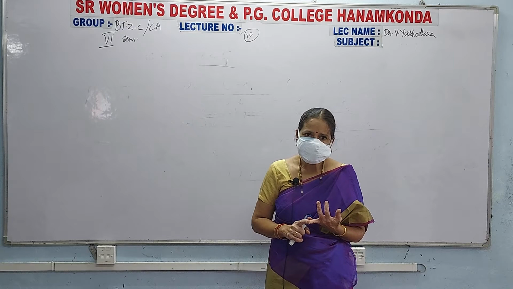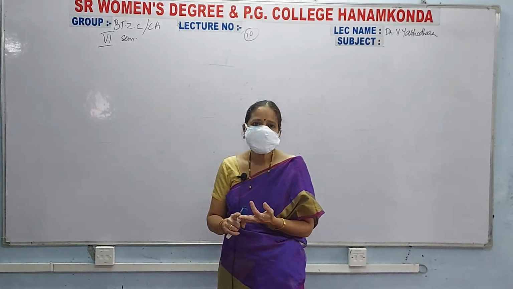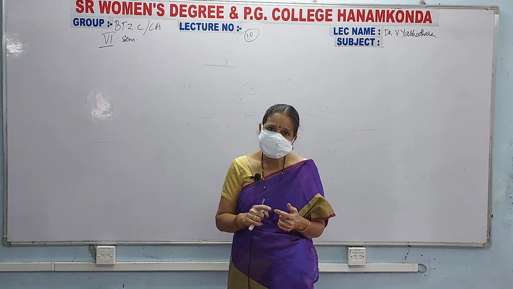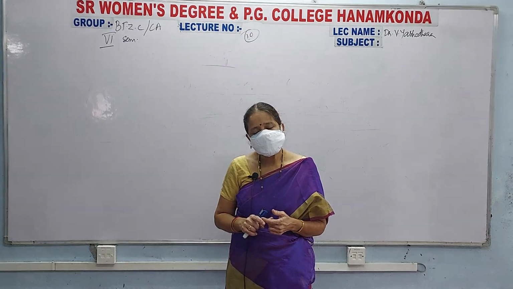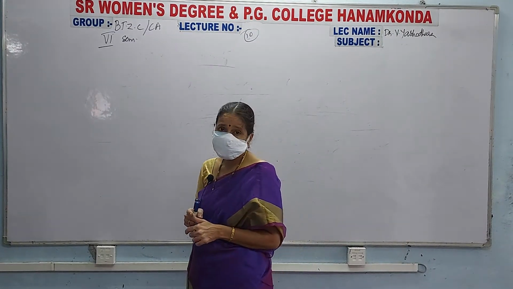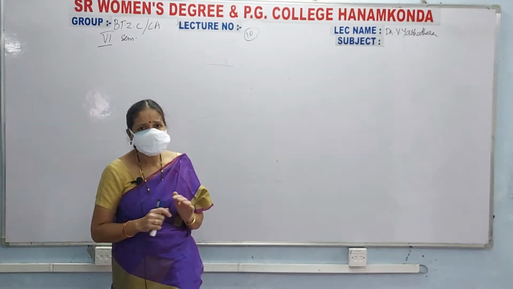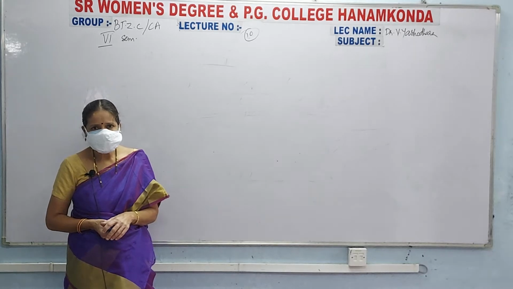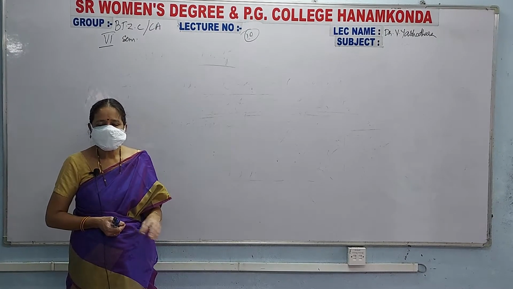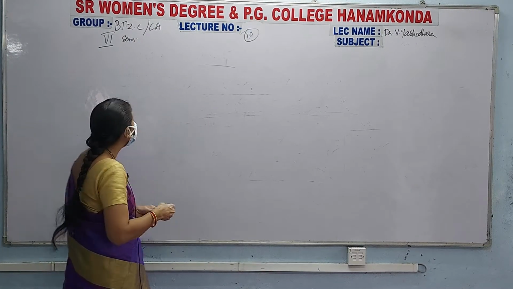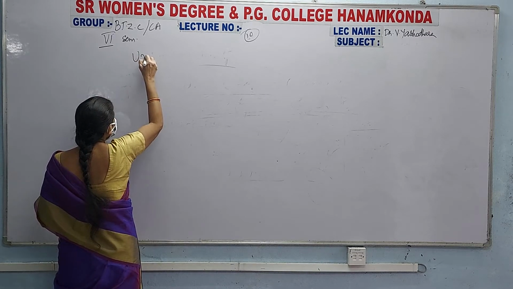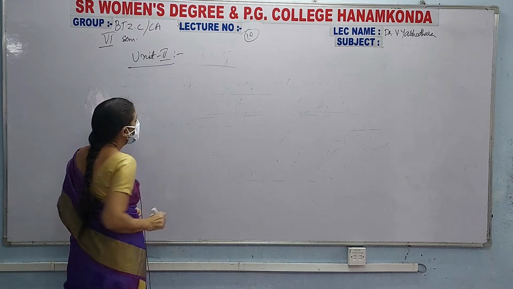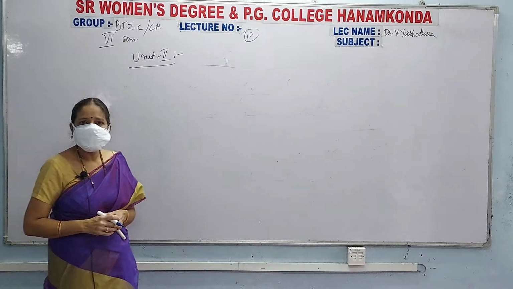Then the next one is screening of microorganisms, application scope and applications of industrial biotechnology, and next one is exploitation of microorganisms. All these things we have seen in the last classes. We have completed the first unit, and today we are going to start your unit 2.